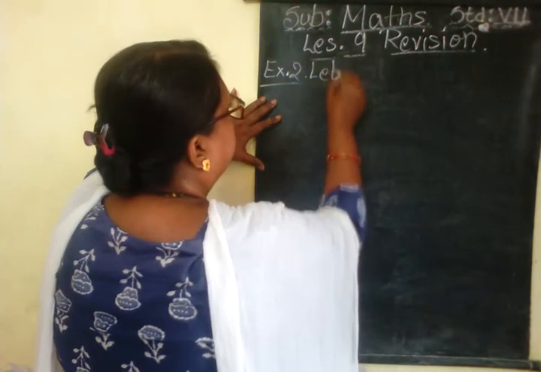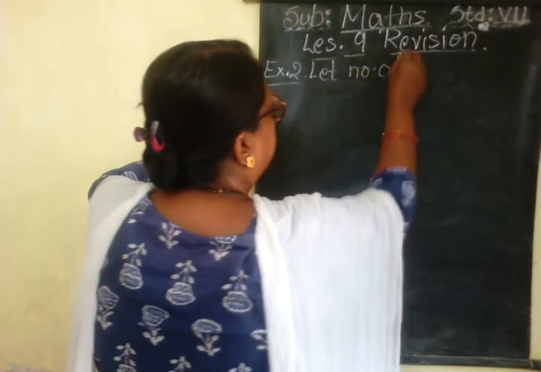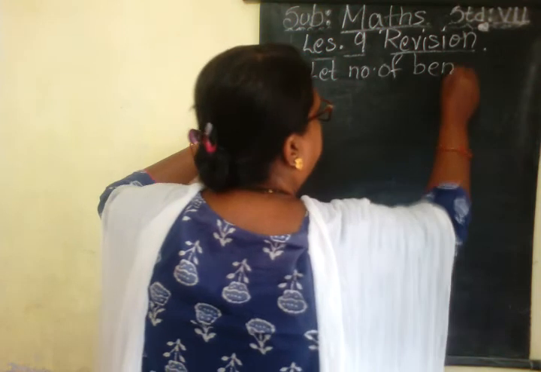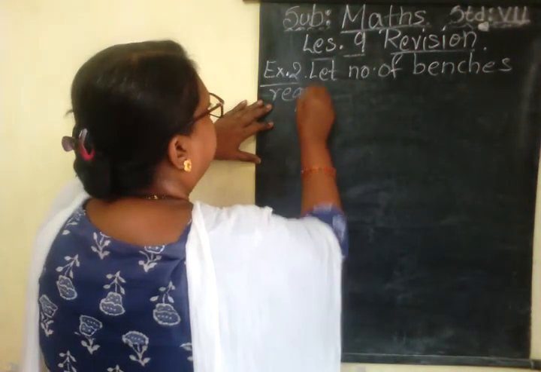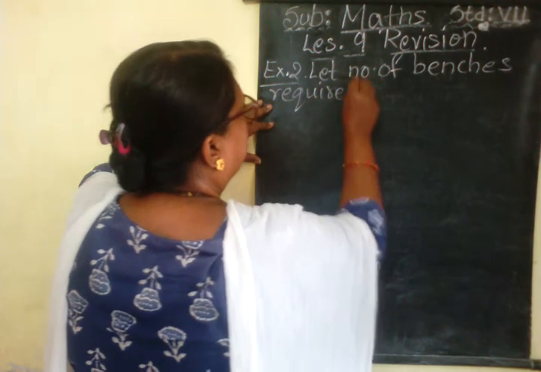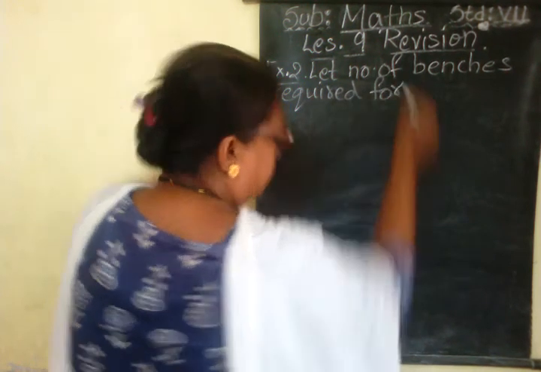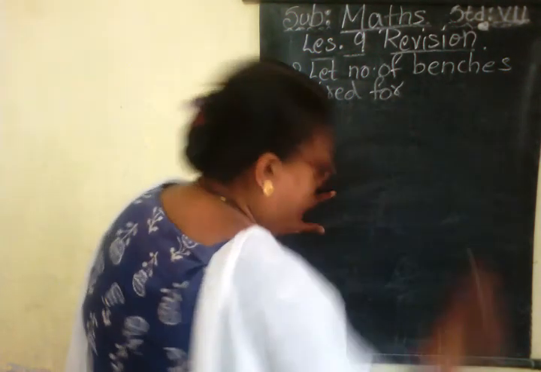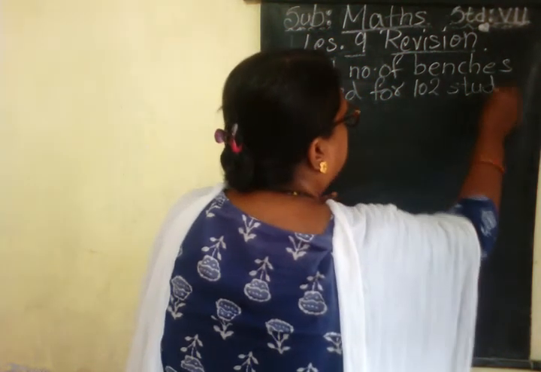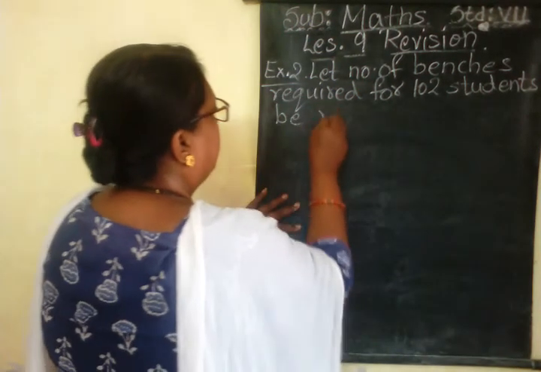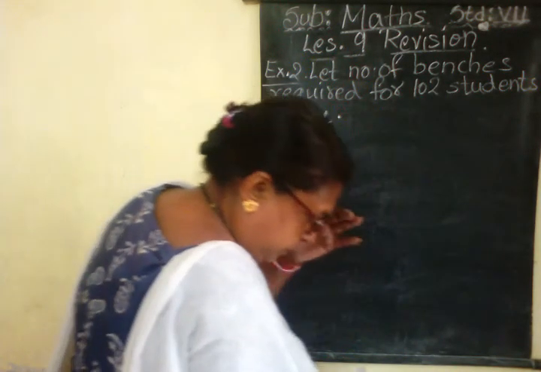Let the number of benches required for 102 students be X. Correct?